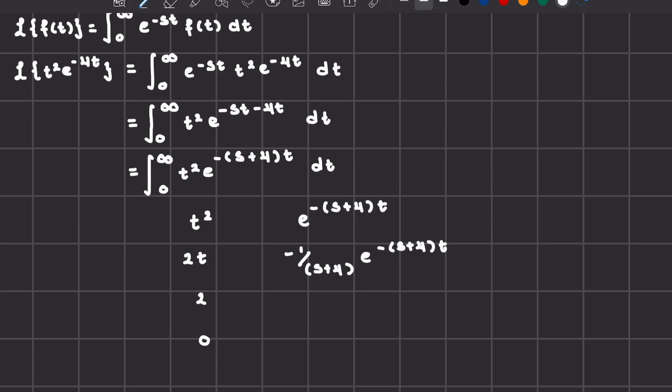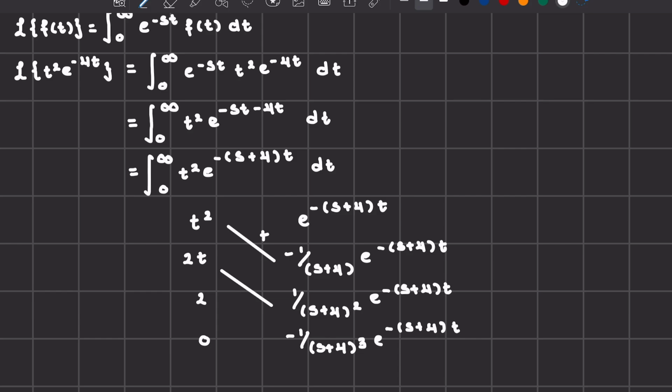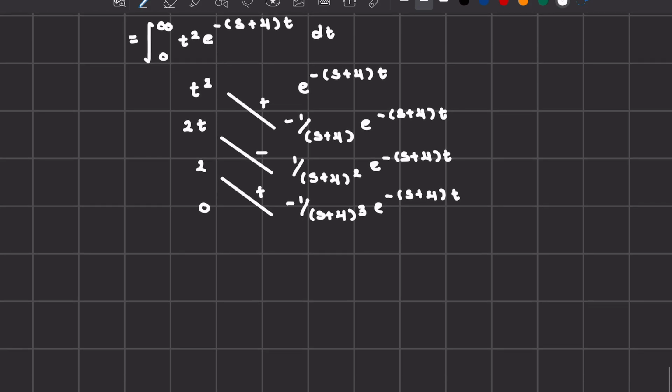Taking the second integral gives us 1 over s plus 4 squared e to the negative s plus 4 times t. Taking the third integral gives us negative 1 over s plus 4 cubed e to the negative s plus 4 times t. And doing the signs, which is positive, negative, and then positive. And so we have here our answer to the integration by parts.